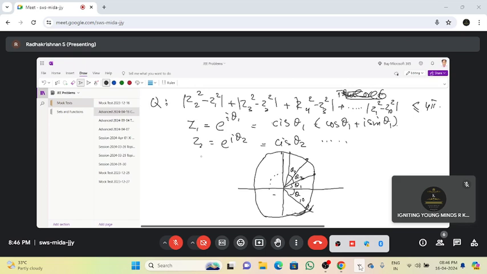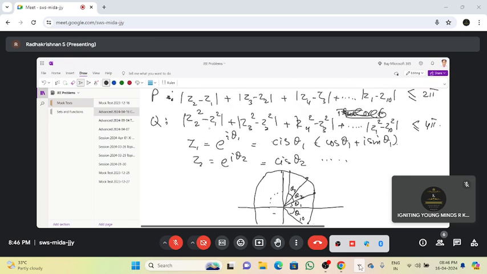Now, what are they asking? Z1, Z2 minus Z1. Okay, so this is your Z1, this is your Z2. So Z2 minus Z1 is simply this line. Similarly, then this line. That is where Z3 minus Z2 and so on.